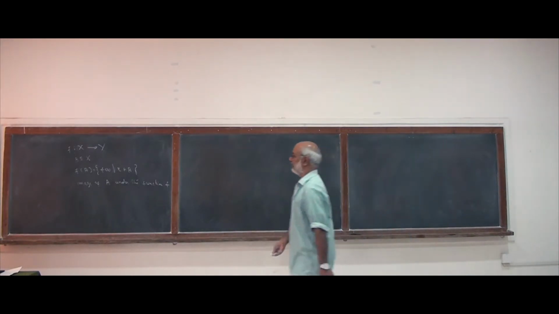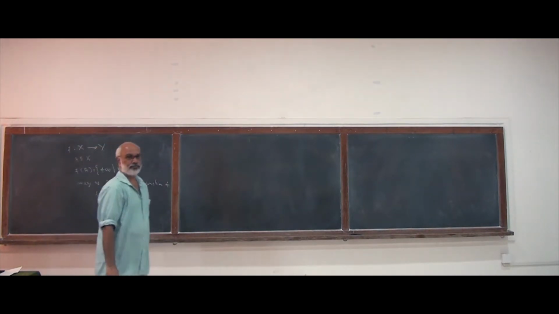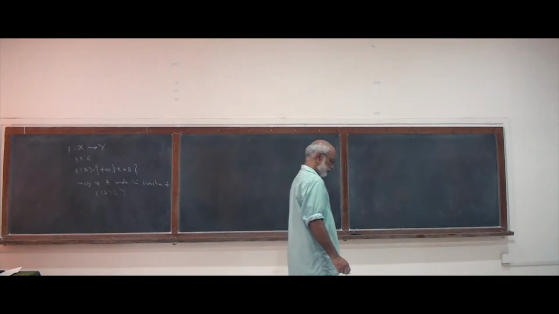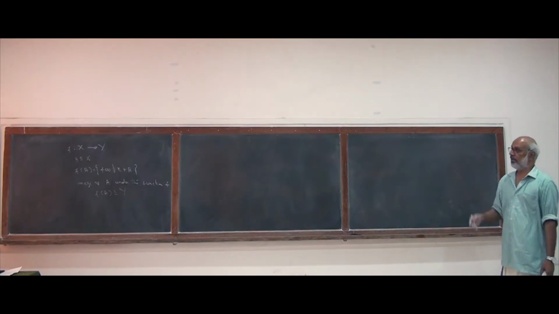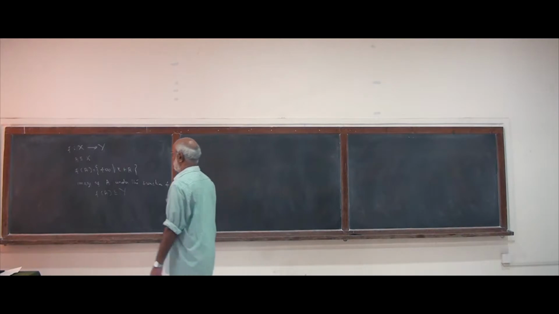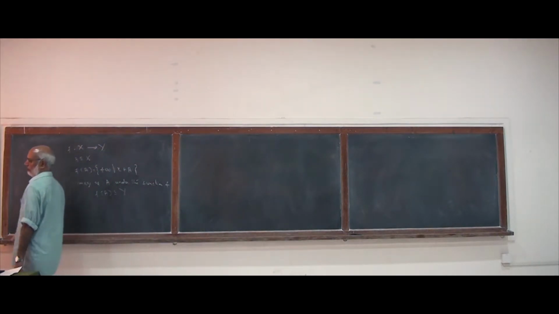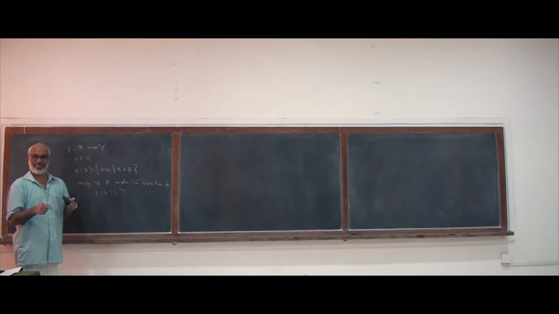And what will this be? This is clearly a subset of Y. So corresponding to each subset A of X, we will be getting a subset of Y called the image of A. Formerly, first we had the image of an element.